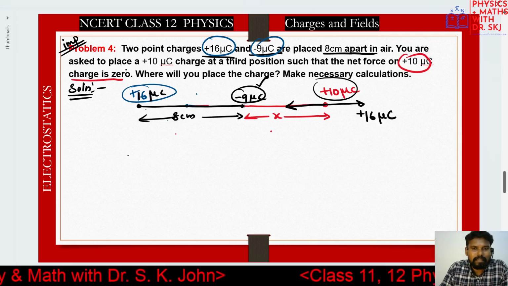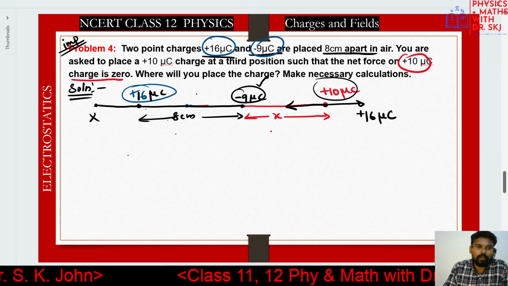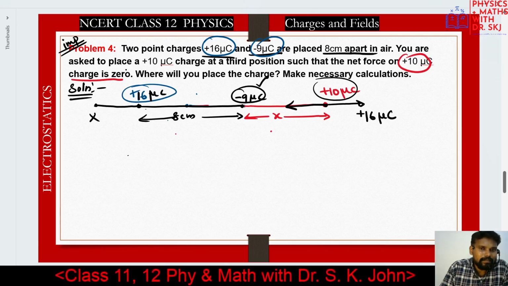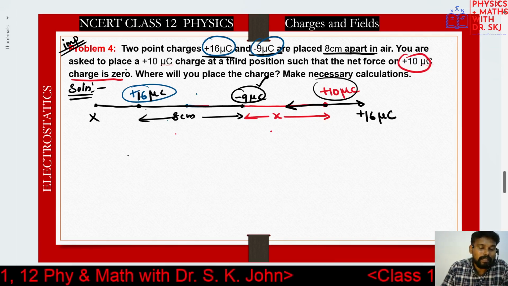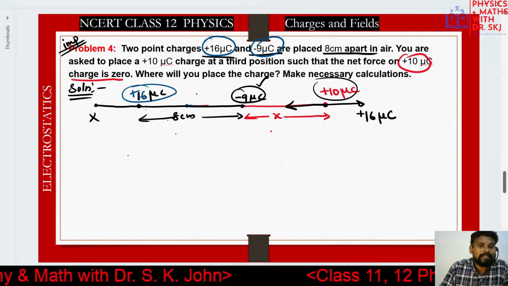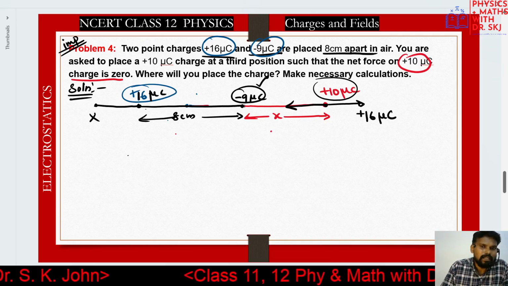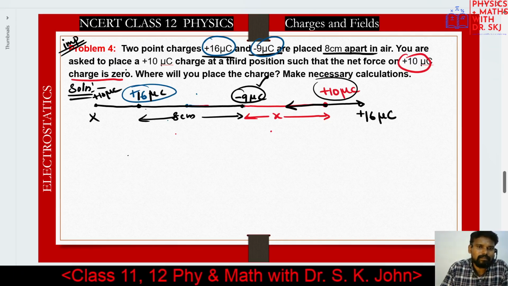You can place it here or somewhere here, but this is not possible. Why? Because the 16 microcoulomb charge is a stronger charge as compared to, I'm talking about the magnitude, the minus 10 microcoulomb charge. So if you place that charge, whatever be the value, the forces will be opposite.